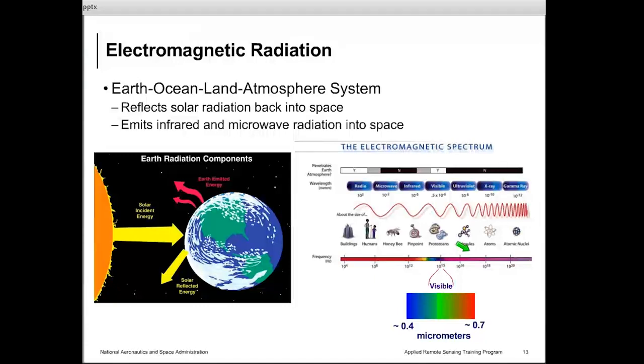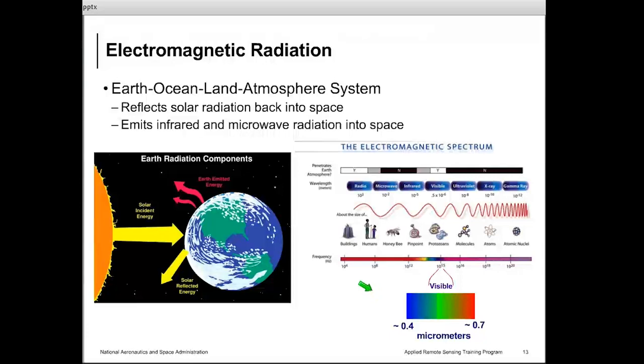The waves have different lengths in different parts of the spectrum. As you can see in this chart on the right side of the slide, the electromagnetic spectrum has different wavelengths. Although we are talking about light, most of the electromagnetic spectrum we cannot detect with human eyes.